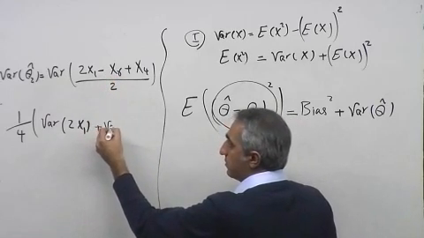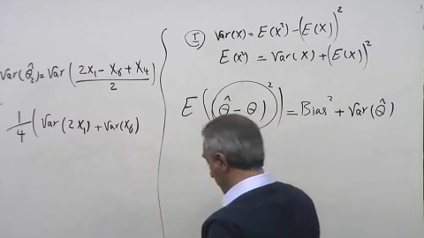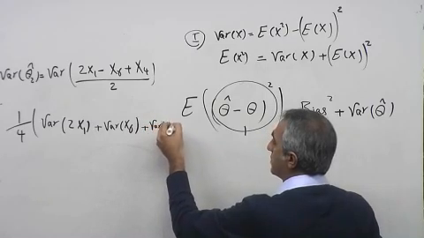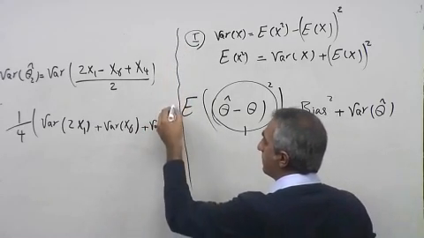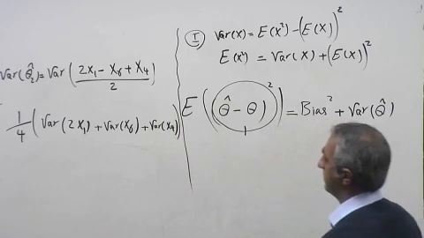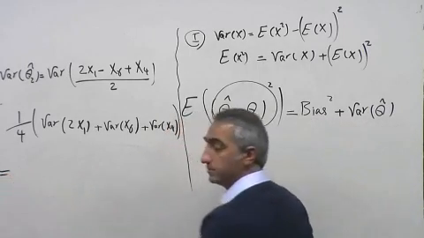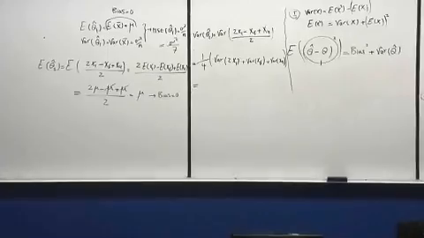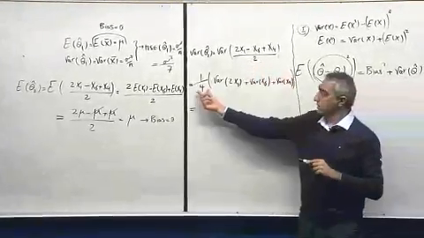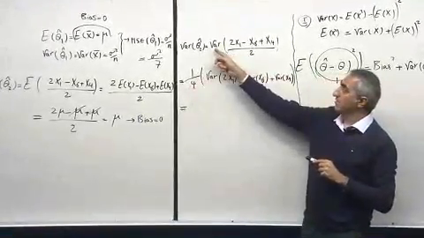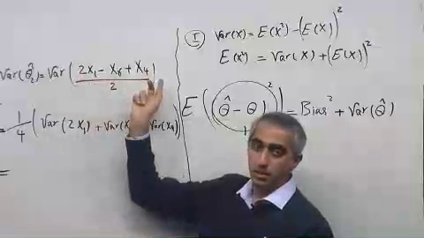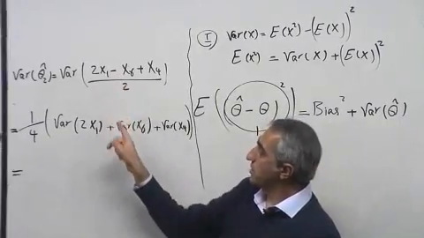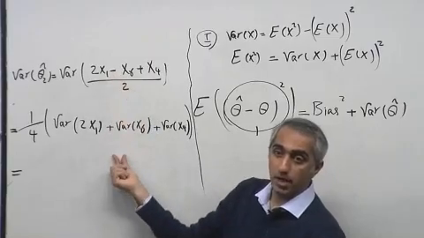Positive, plus variance of x4. Is it clear? Any questions here? So this is a multiplier. Take it out, we square this. We know that the variance of any linear combination is the linear combination of the variances, but with the coefficients squared. So this negative squared would be positive. That's why I have positive here.